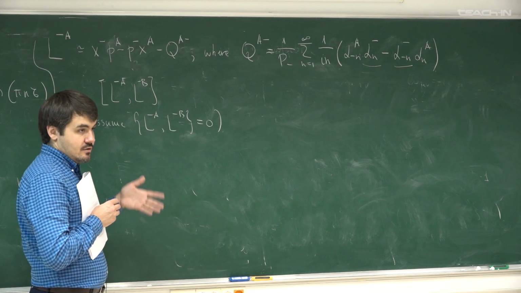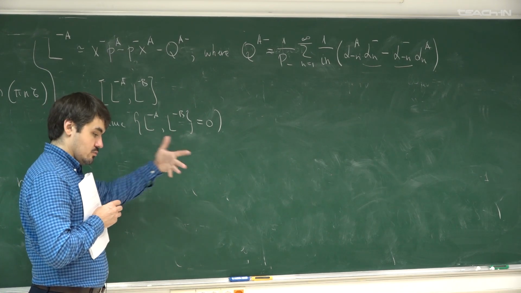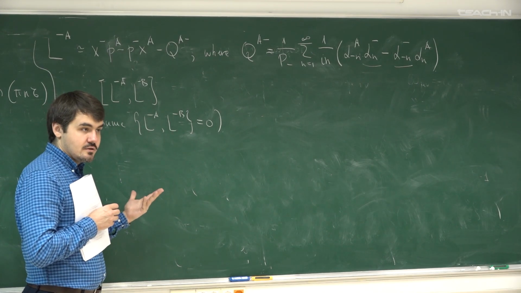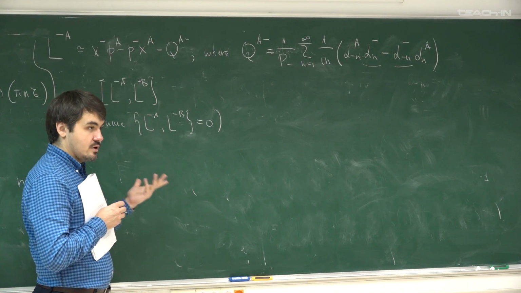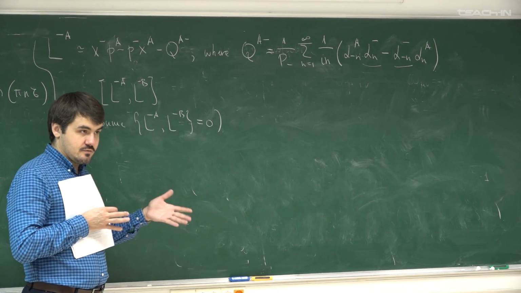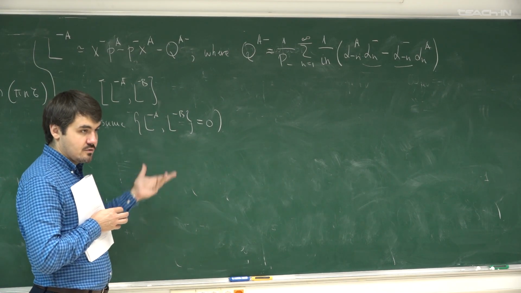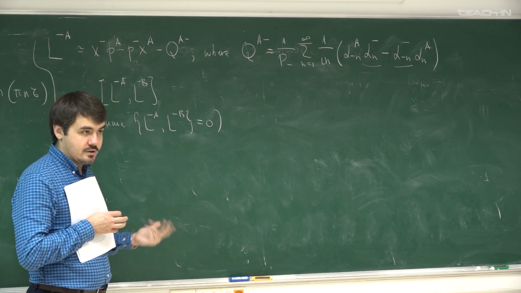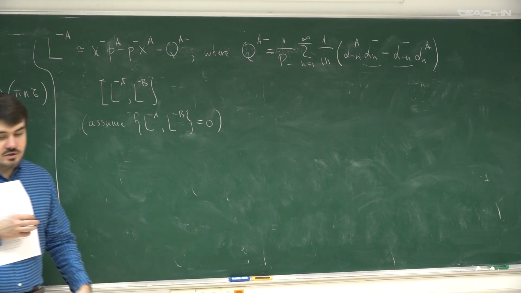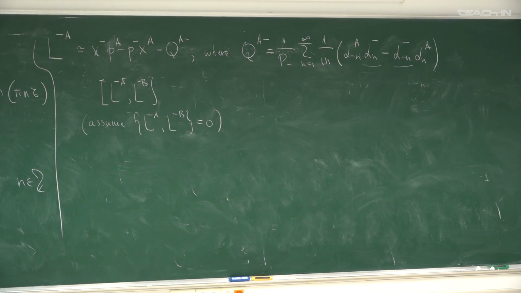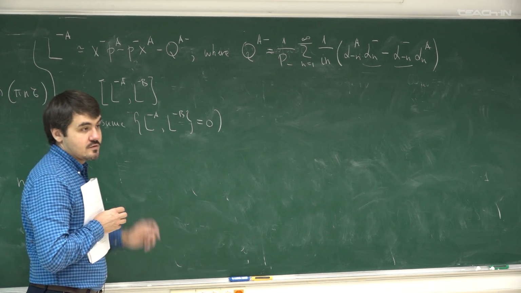So that means that generators go to some functions that represent these generators, and their Poisson brackets are exactly the same as the commutators of the original generators. So in the original algebra, the commutator is 0. So the Poisson bracket should be 0 by Noether's theorem. Of course, here it's a little bit more subtle system, but you might check that it's still 0 classically.